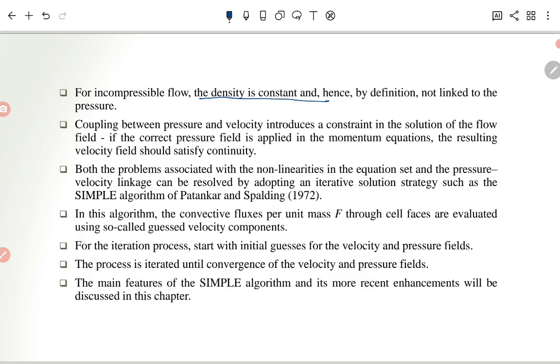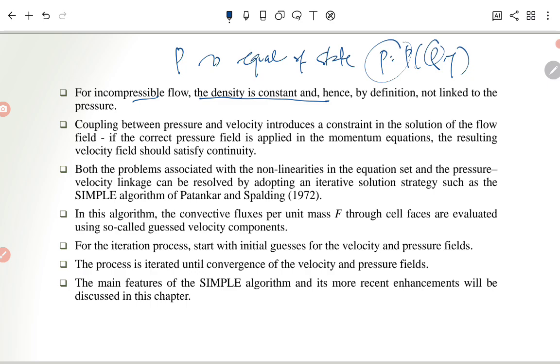Basically, another way to obtain the pressure gradient is through the equation of state, which is that P is a function of rho and T. But in incompressible flow, the density is constant, so it is not linked to the pressure. So we cannot determine the pressure by using the equation of state.